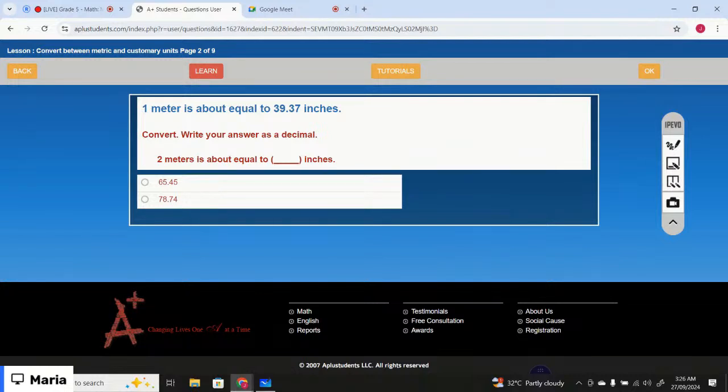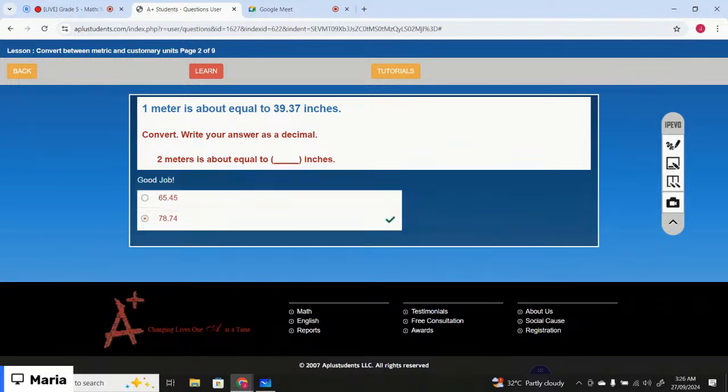That is option number 2. You simply have to multiply. That is 78.74. Option 2 is the correct option.